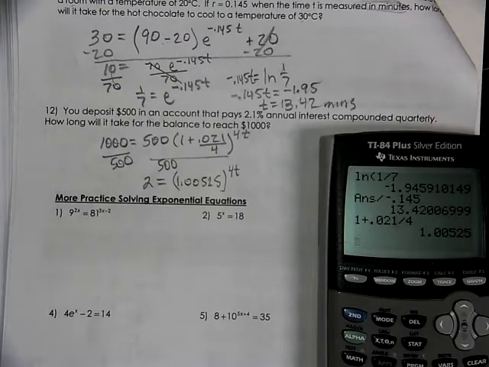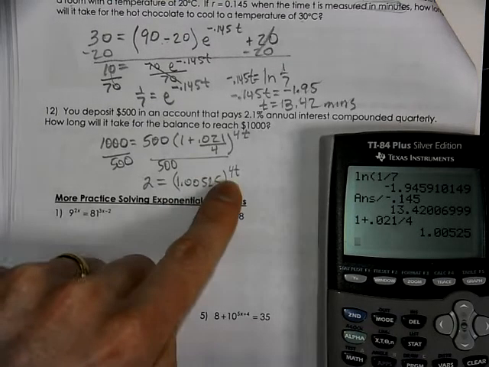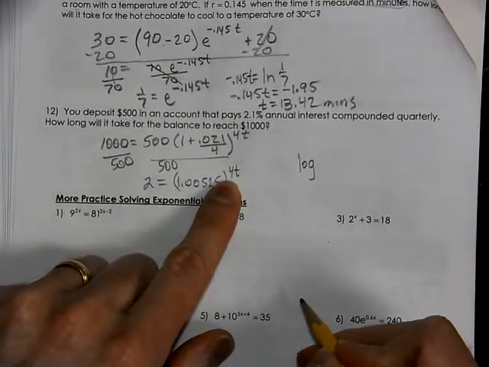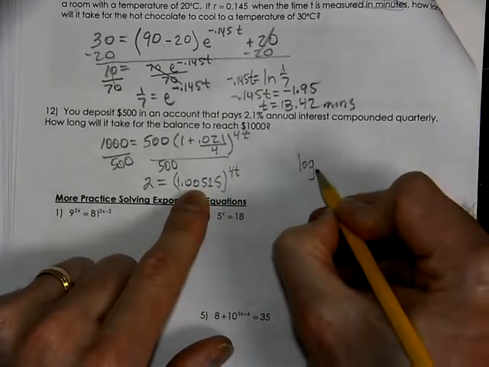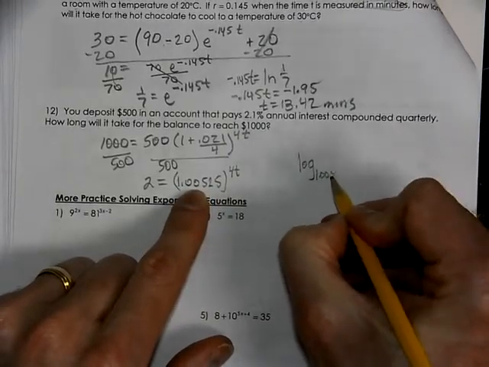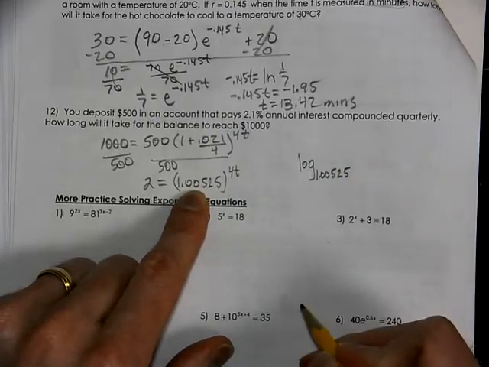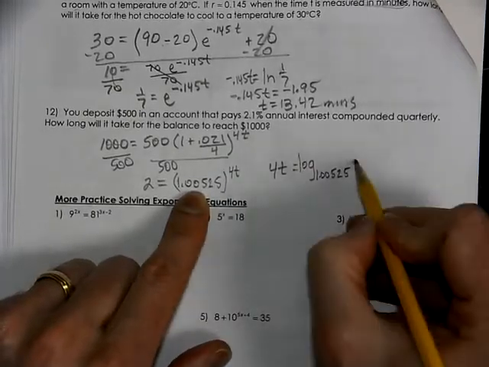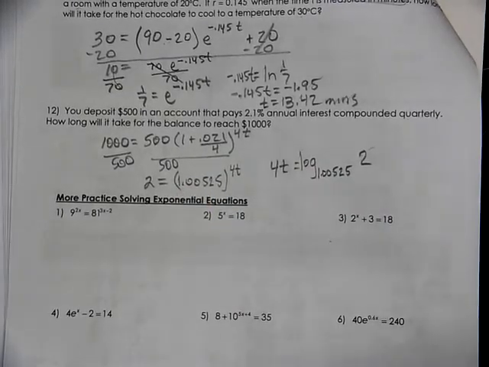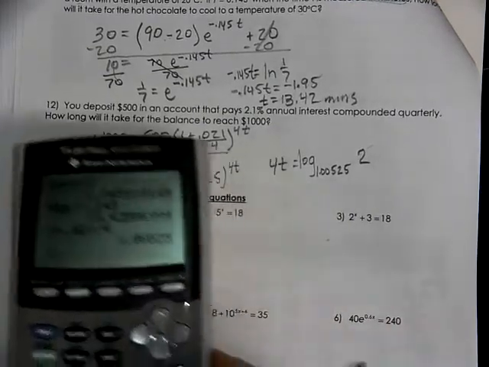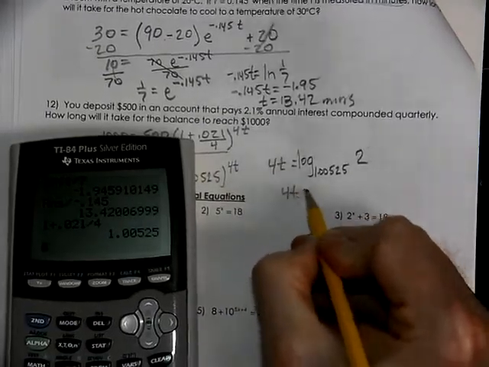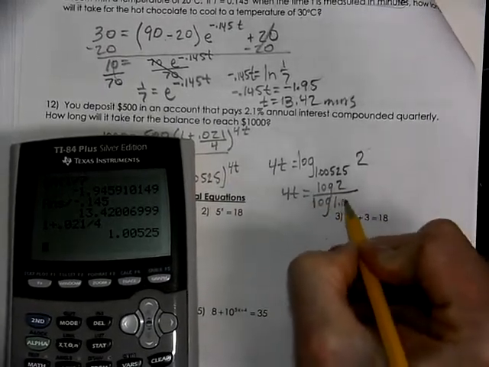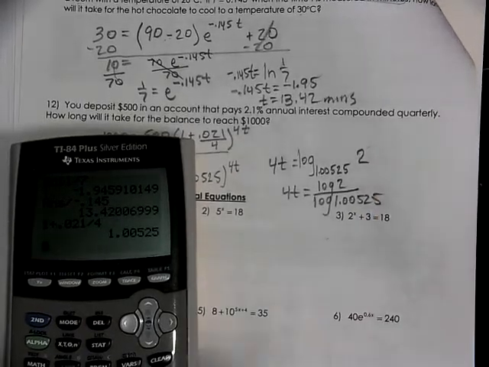Now we have the exponential isolated. So we're going to solve for the exponent. To solve for an exponent, we need to use a logarithm. The logarithm needs the same base. The logarithm always equals the exponent. So we'll need to use log of 2 over log of 1.00525.